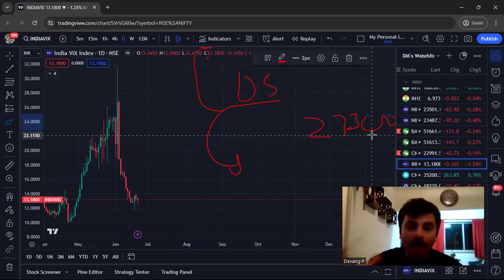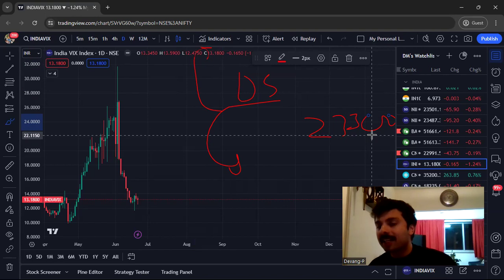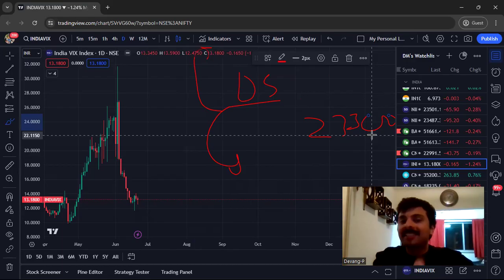So there will be no point buying an option of 23,800. I hope you are understanding. So you might want to buy an option which is going to mean profit based on these calculations. If you are buying a 23,900 option, just speculating that movement will come, maybe I'll make money, that will not make you money because VIX is telling you, I am not going to give you that movement.